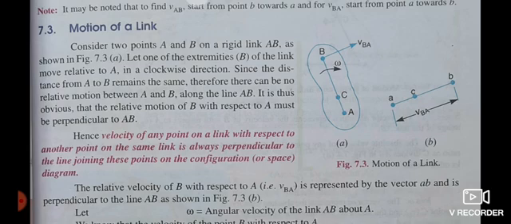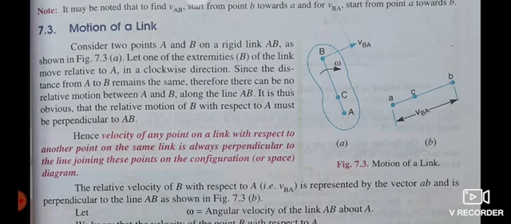This link moves in clockwise direction, AB in clockwise direction. Since the distance from A to B remains same, therefore there can be no relative motion between A and B. AB is a link, so its distance will remain the same, so there is no relative motion between A and B.